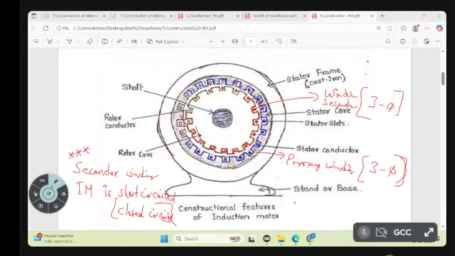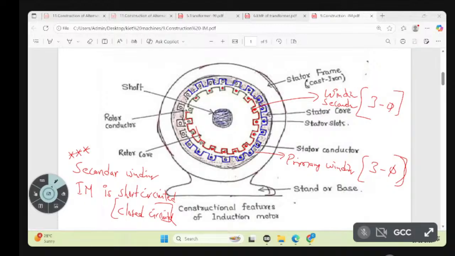Stator conductors are available, rotor conductors are available. These rotor conductors are short circuited, means closed circuit. So the rotating magnetic field interacts with or cuts the rotor conductors.